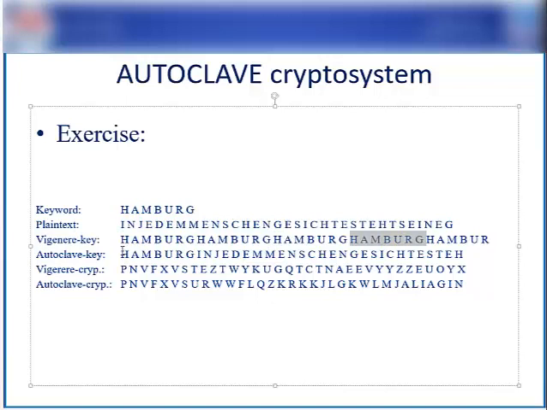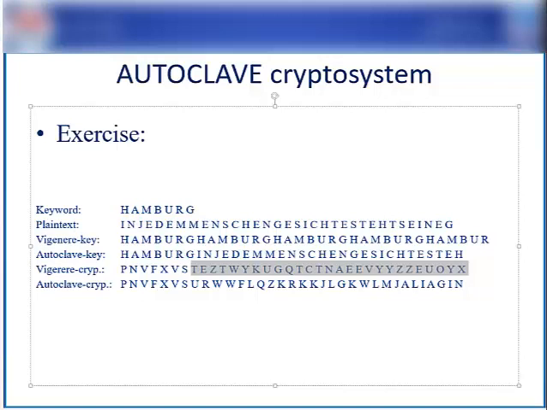But in autoclave crypto systems, after using the keyword once, we start using the plaintext itself as a key. As we can see, the first 7 letters are encrypted into the same ciphertext, but starting with the 8th letter of the plaintext, the encrypted versions are totally different because the keys are different.